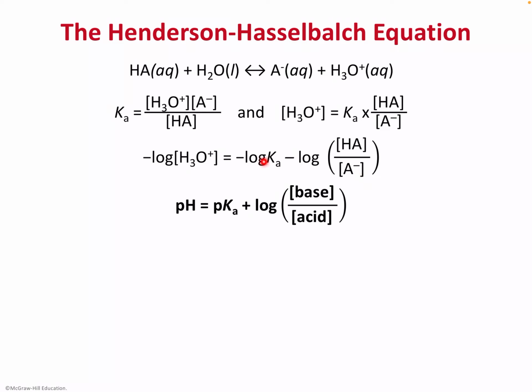If you look at this, negative log of hydronium ion concentration is pH, negative log of Ka is pKa, and then log HA is the acid, A minus is the conjugate base.